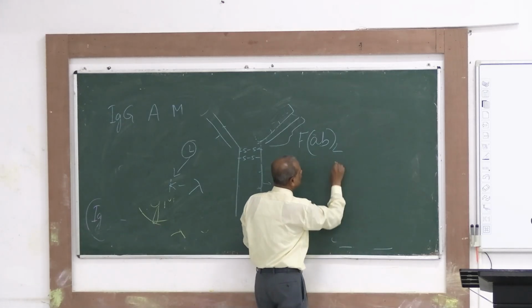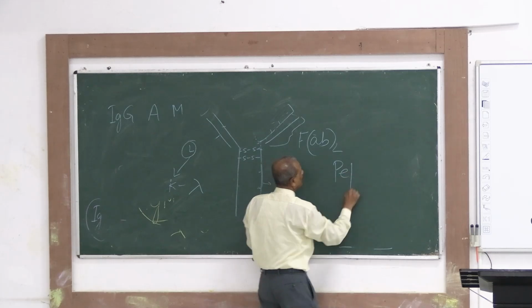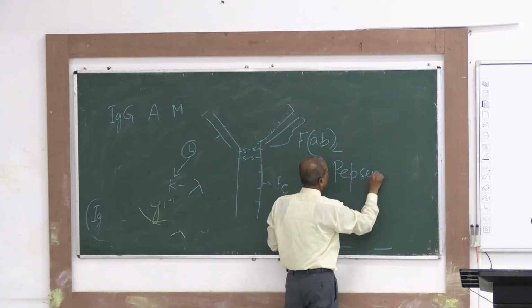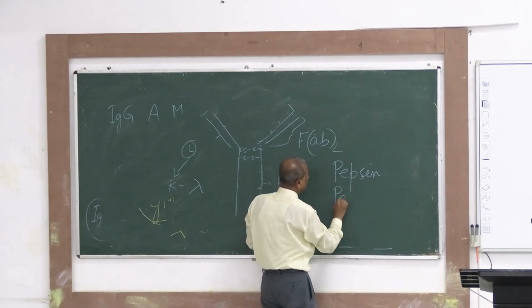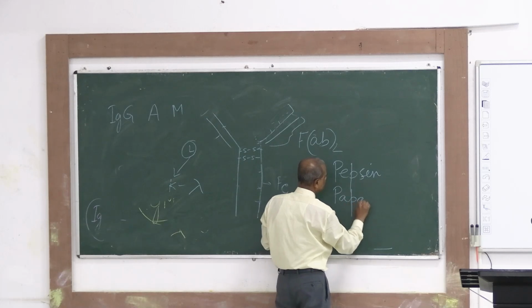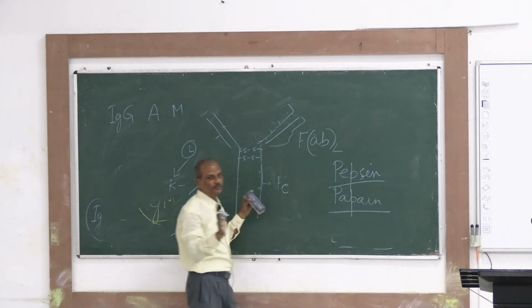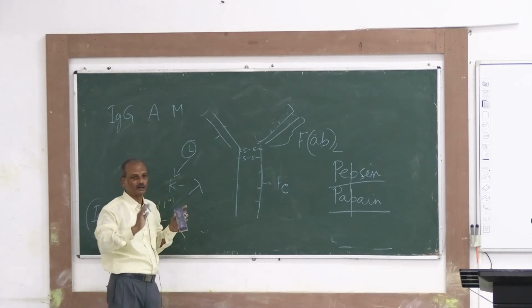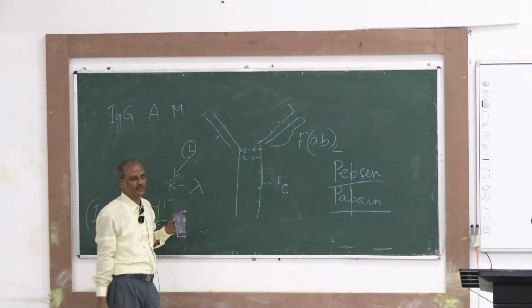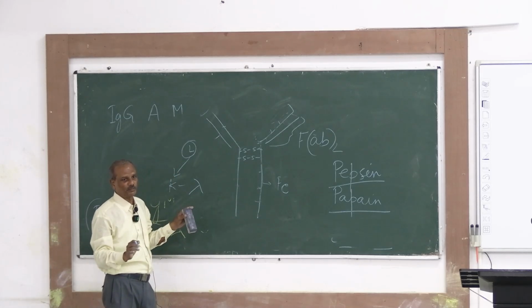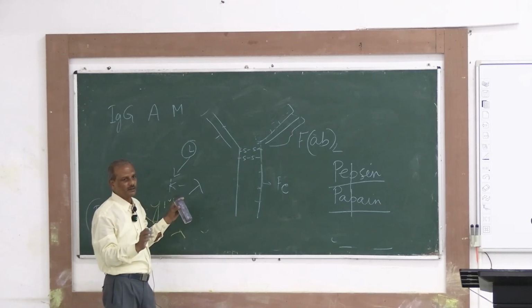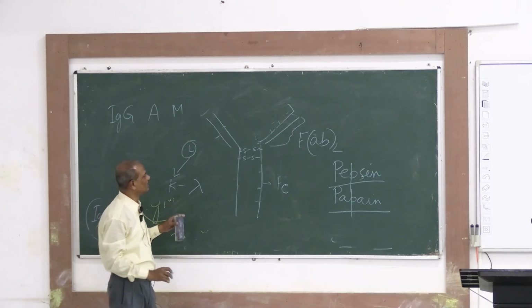cleavage by pepsin and cleavage by papain. Pepsin, if you remember correctly, hydrolyzes the carboxyl terminal end of basically aromatic amino acids and some hydrophobic amino acids. So remember, pepsin, pep one, sin one.